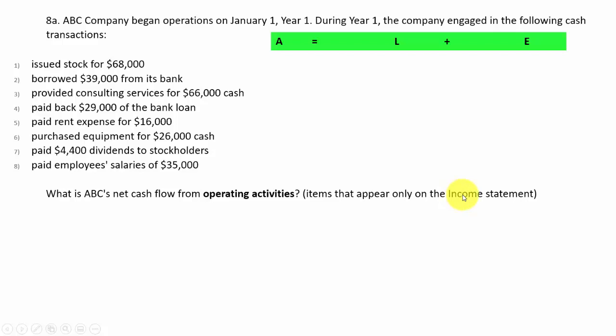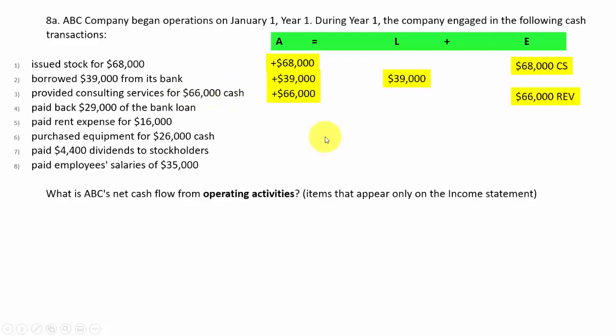That would be revenues and expenses. So issued stock for $68,000, assets go up, equity goes up under common stock. Borrowed $39,000 from the bank, assets go up under cash, and liabilities go up. Provided consulting services for $66,000. That's a revenue transaction. Assets go up under cash, and equity goes up under revenue.